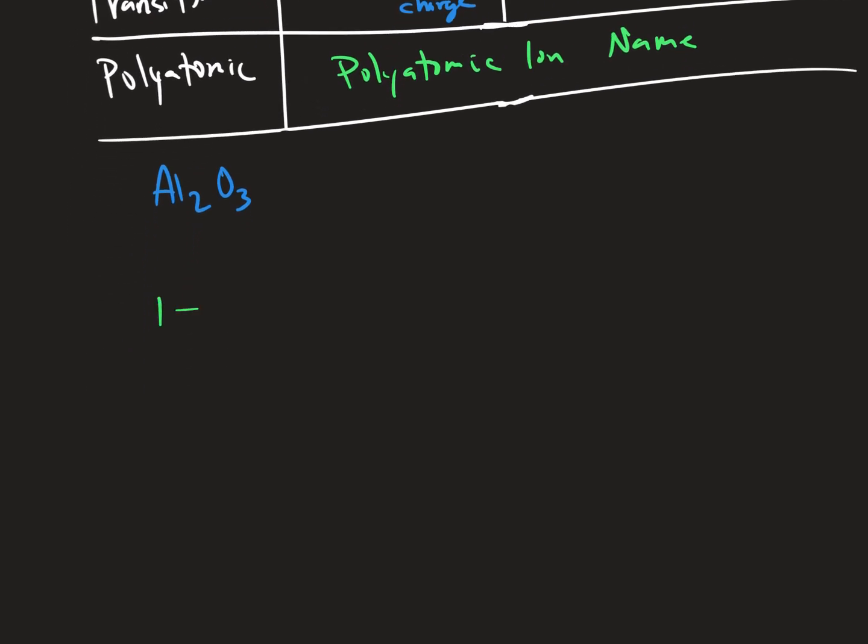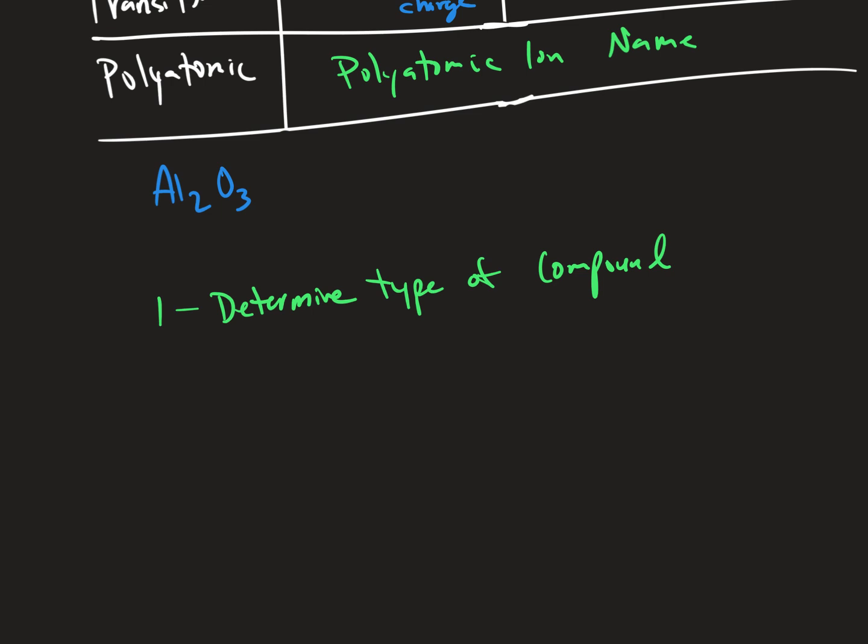Step 1. Determine the type of compound. What are the two types of compounds we're going to learn? Ionic and, we didn't learn the next one yet, covalent. How do you know if it's ionic?